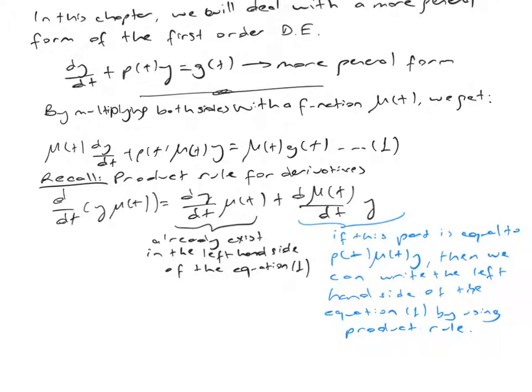And maybe here, instead of y, I should have written y of t, but I already know y is the dependent variable and it is already dependent on t. And let's continue from here and equate this part and this part.